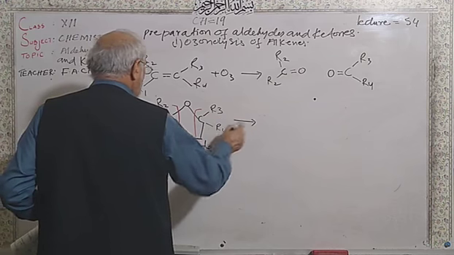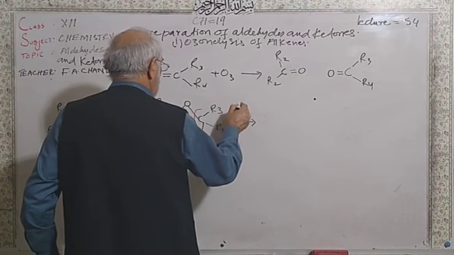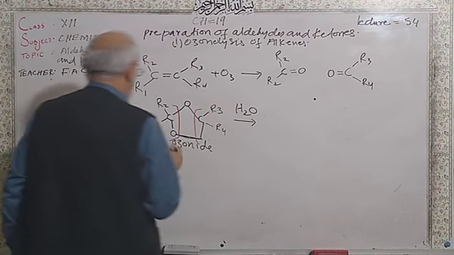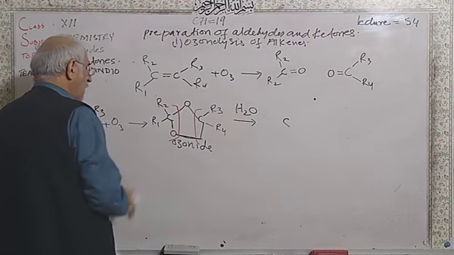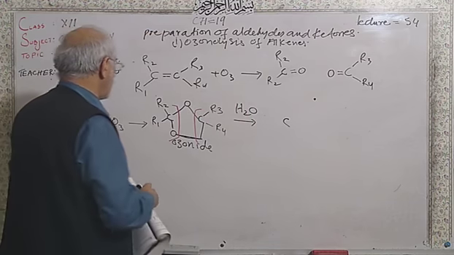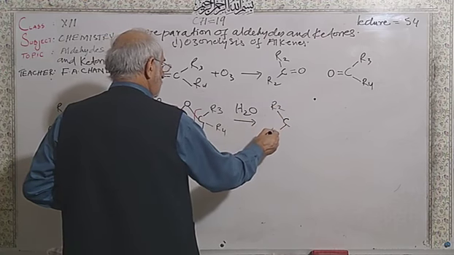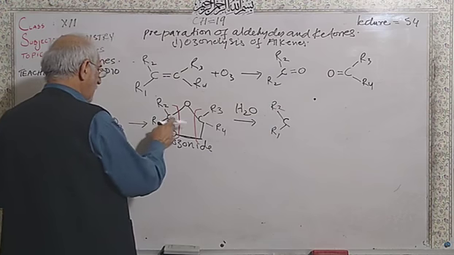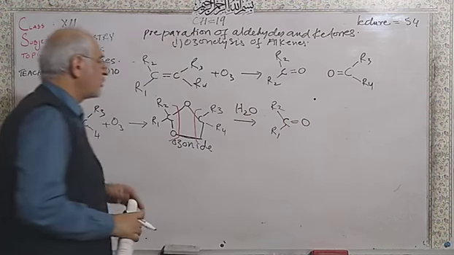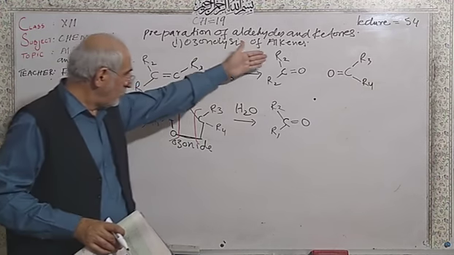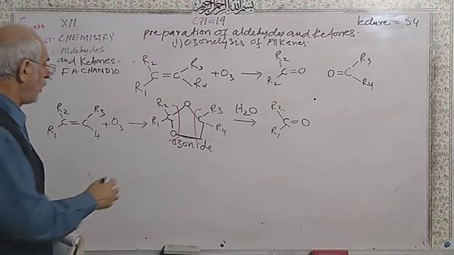So when you break this bond, you have to put water. So this is the alkyl, this is the carbon, alkyl group number 1, alkyl group number 2, and there is the carbon with oxygen. So one molecule of ketone is going to be formed here.